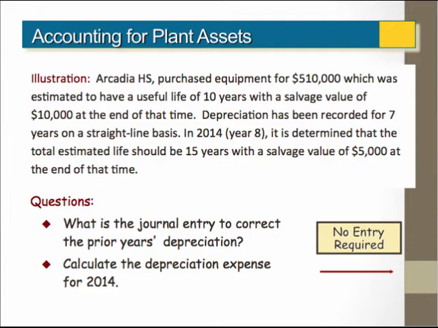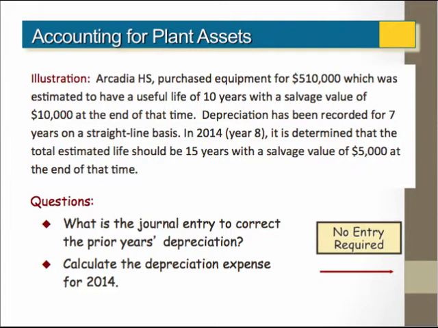In 2014, otherwise year 8, it is determined that the total estimated life should be 15 years, not 10 years, and the salvage value should be $5,000, not $10,000 at the end of the time. So what's the journal entry to correct prior year's depreciation, and what's the new depreciation expense?